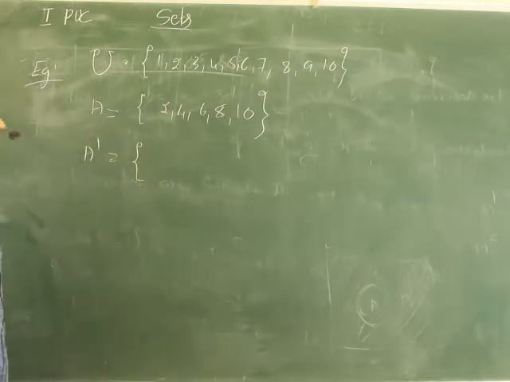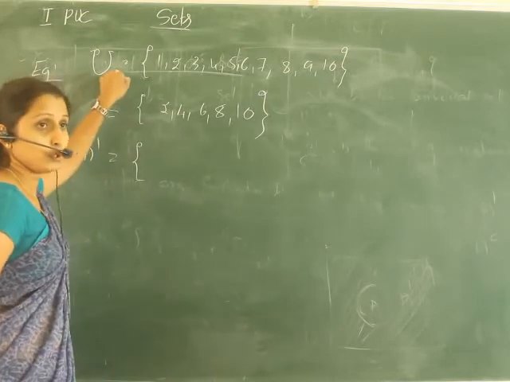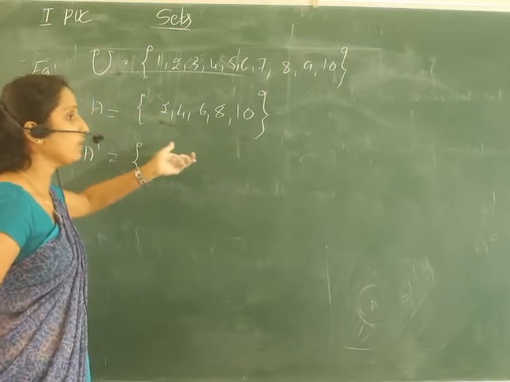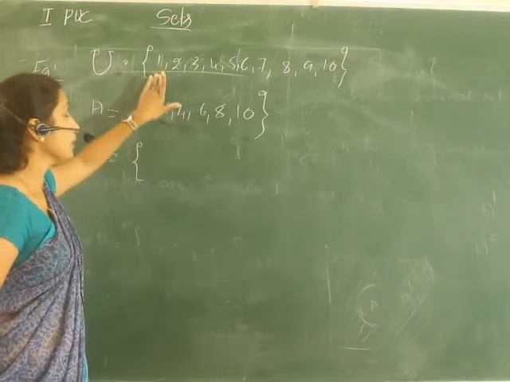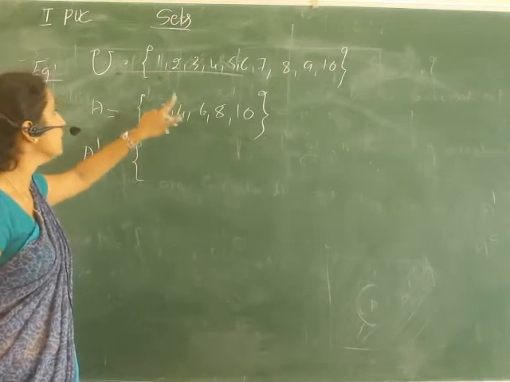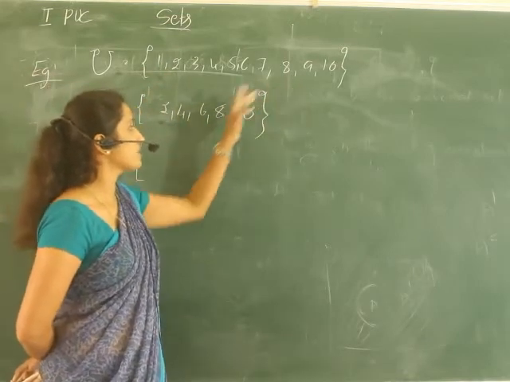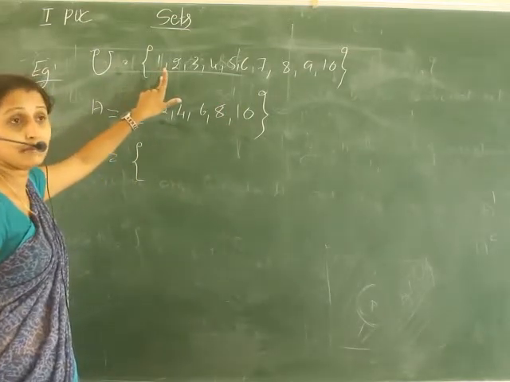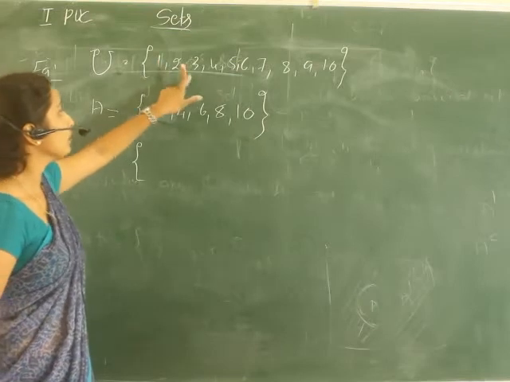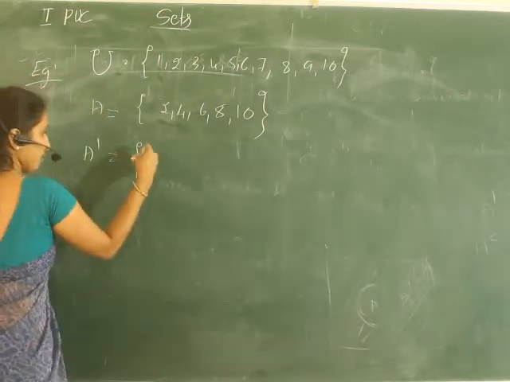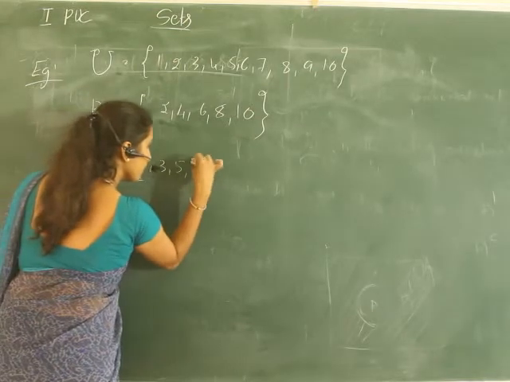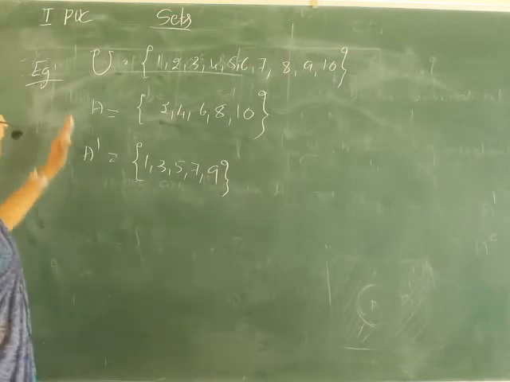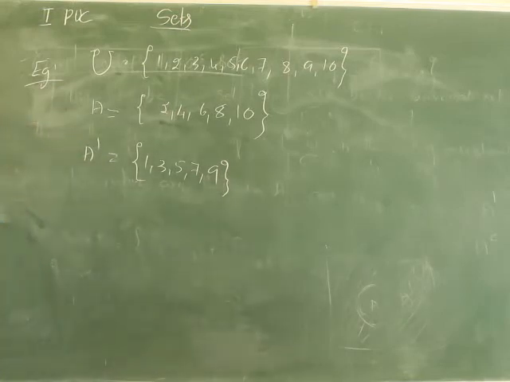What will be the A complement? U is the universal set, and from that I have taken A as one set. Then I have to calculate A complement, meaning the elements in U but not in A. Now you can see 2, 4, 6, 8 and 10 are present in A. The remaining elements of the universal set are 1, 3, 5, 7 and 9. So this is A and this is A complement.